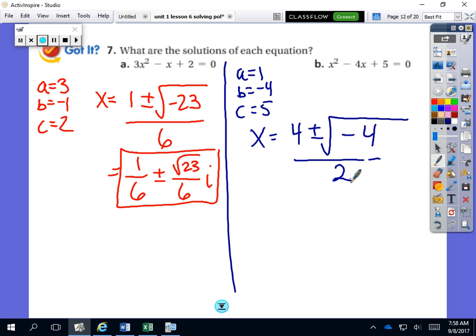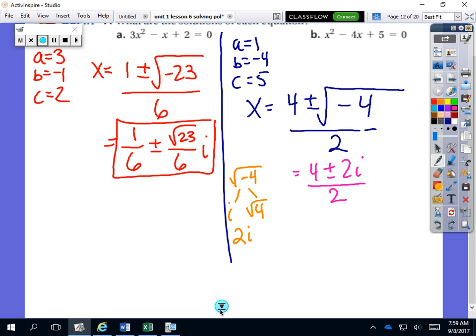So square root of -4, let's look at that. Square root of -4 would be i times the square root of 4. Well, the square root of 4 is 2, so that's going to be 2i. So this is going to be, I'll do a different color, 4 plus or minus 2i over 2.